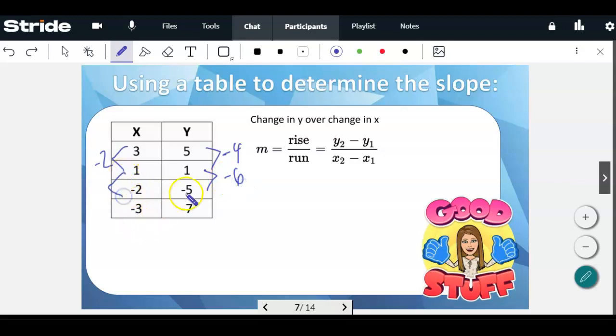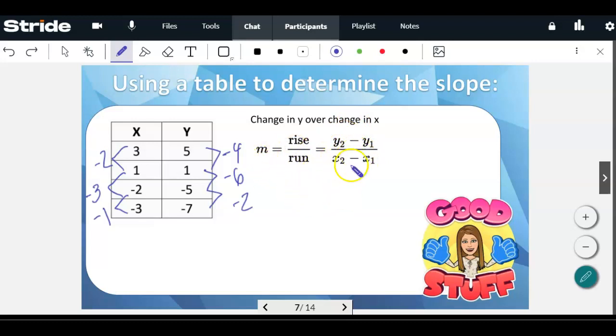And this one, to get from 1 to -3, goes down 3. And then here, -5 to -7 is -2, and this would be down 1.